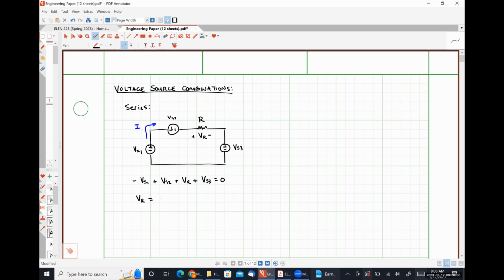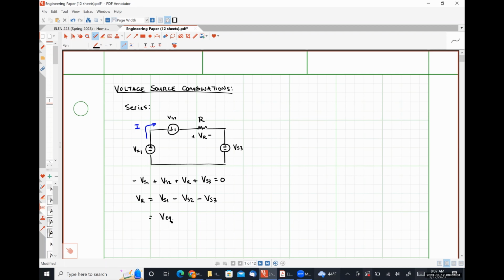So that's going to look like VS1 minus VS2 minus VS3, or some equivalent voltage VEQ.